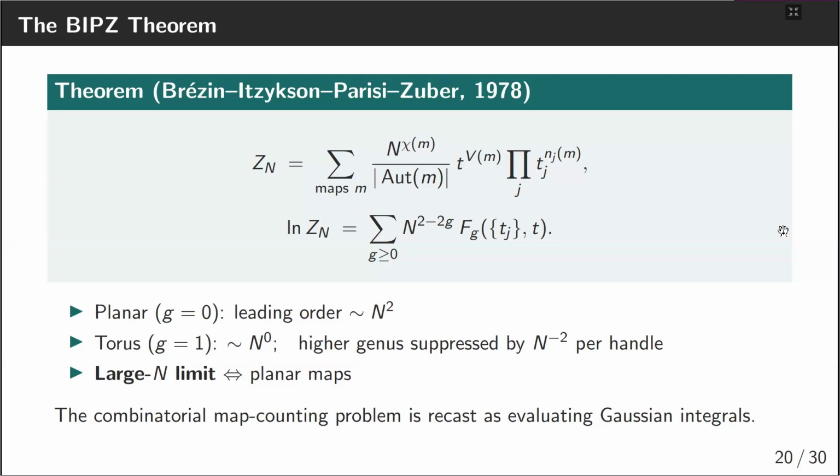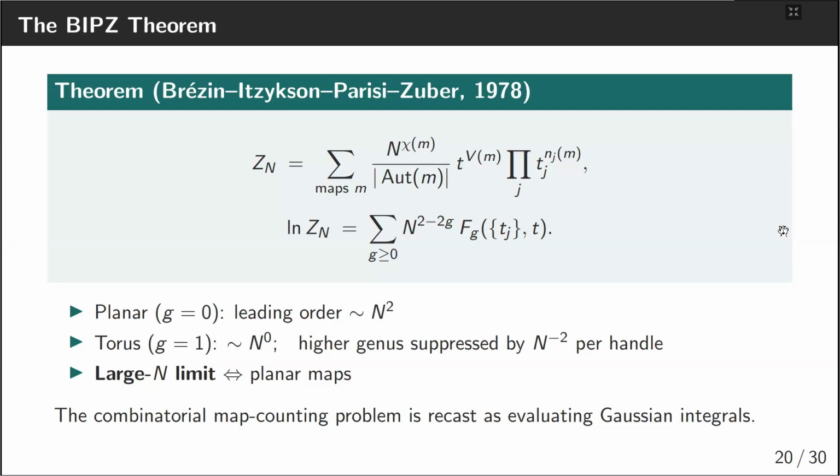In the torus case, the leading order is n to the 0 because g is 1. Higher genus is suppressed by n to the minus 2 per handle, because higher genus means more handles. And in the large n limit, we'll see it becomes a planar map.